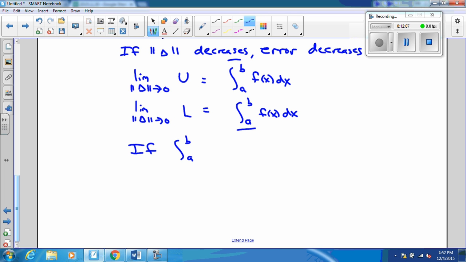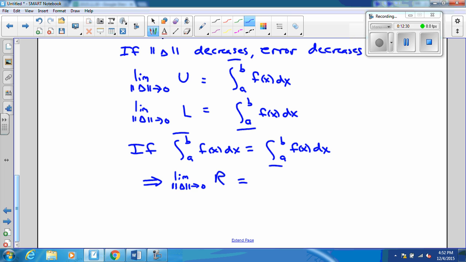And now here is a thing that seems intuitively obvious. If the upper and the lower integrals converge to the same number, that is, if the upper sum and lower sum have the same limit, then that is going to force all of the Riemann sums that you could possibly construct to go to that same value.